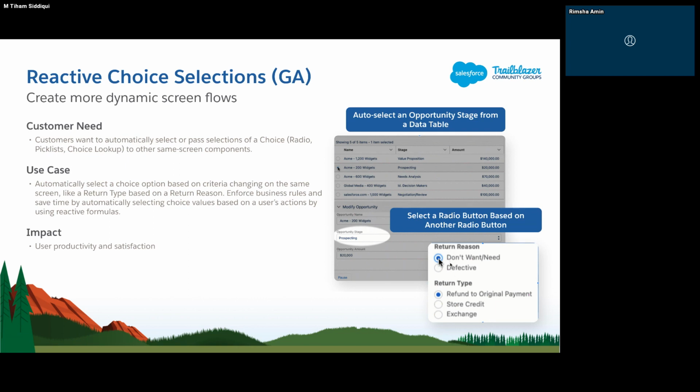So if I select defective, then according to your configuration, you can automatically show the result or the default value for the defective option. Again, the impact is the user's productivity, satisfaction, and the user experience.